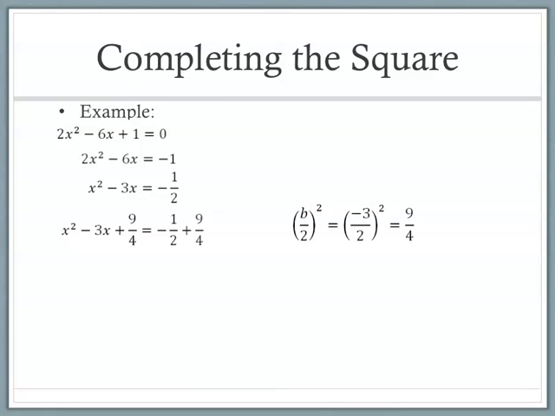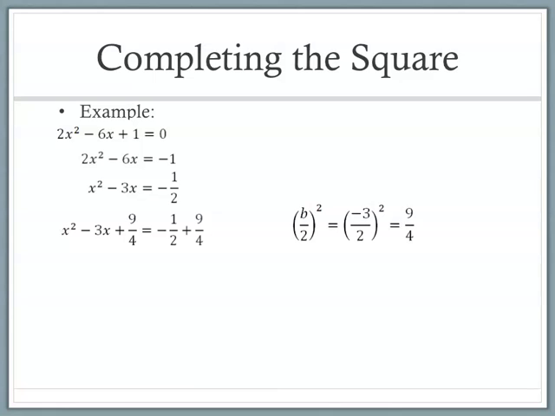And now the left-hand side is a perfect square, and the right-hand side is still a constant. So let's talk about how we would write this as a perfect square. As a perfect square, that means that what's inside the parentheses should be exactly the same in both factors. Now, what goes inside?